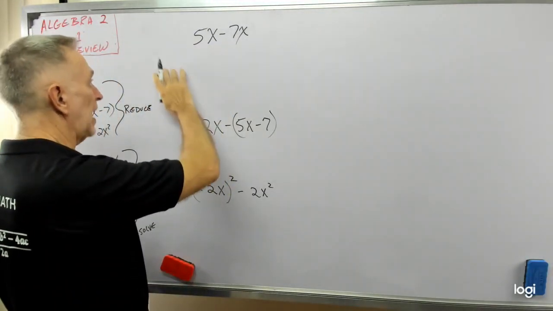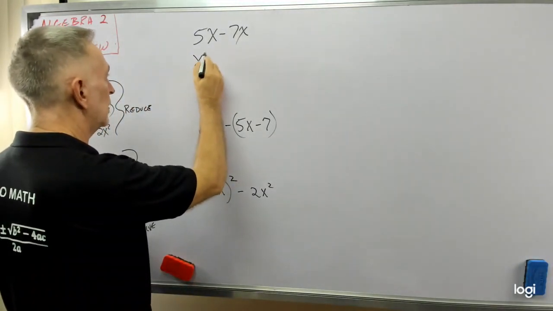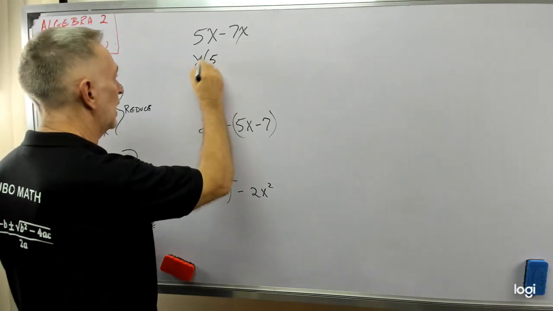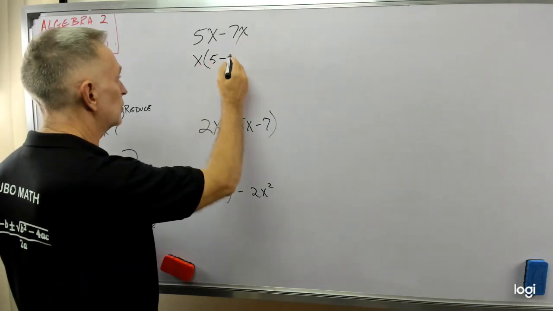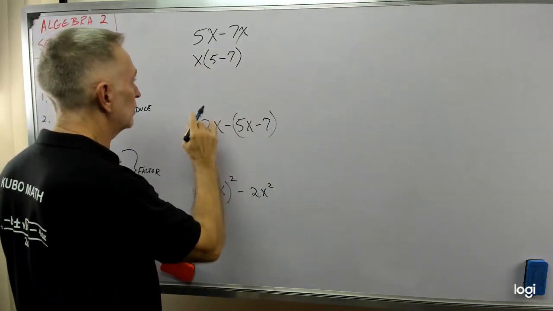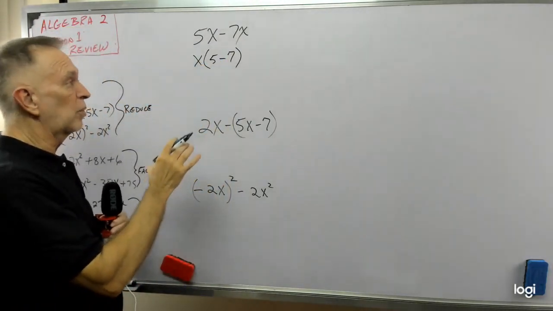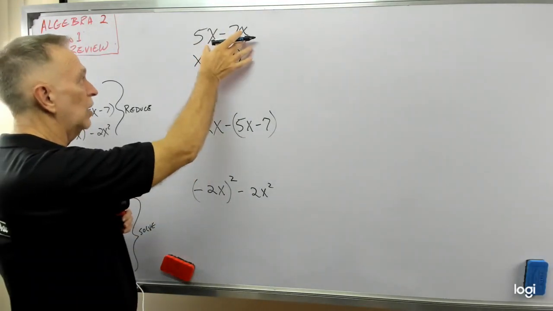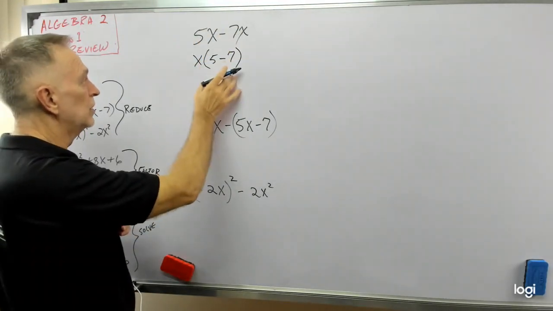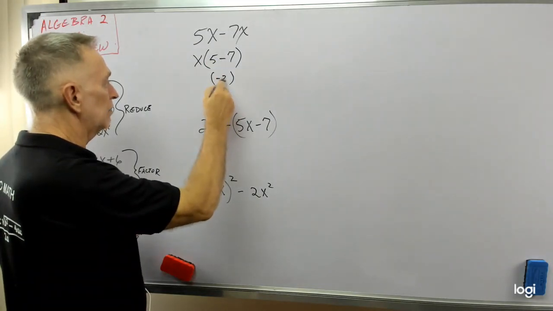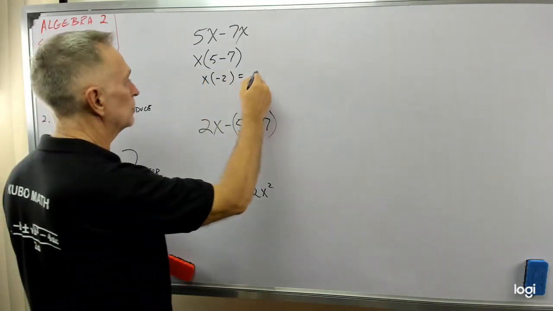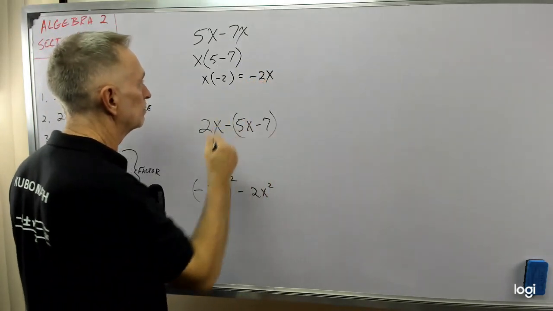If I factor out the x, x times 5 gives me 5x, minus x times 7, which gives me 7x. So we could algebraically undo the distributive rule, take it in reverse. 5 minus 7 is negative 2, times x, which gives me negative 2x.